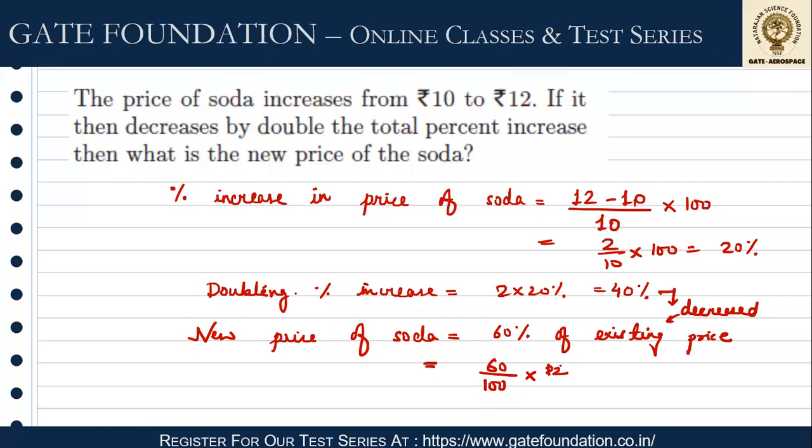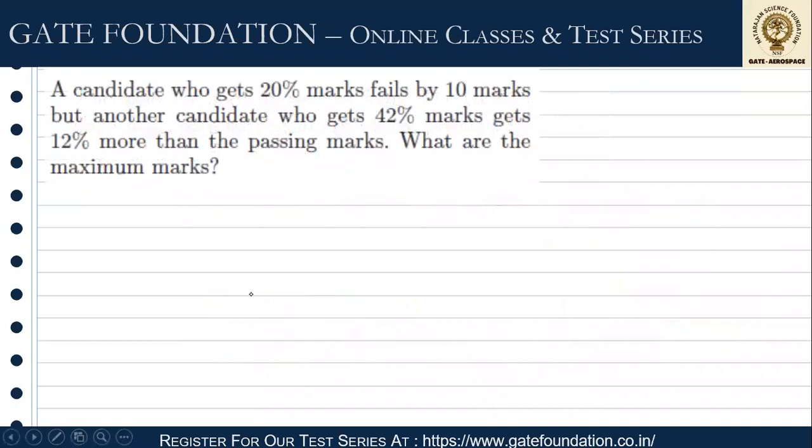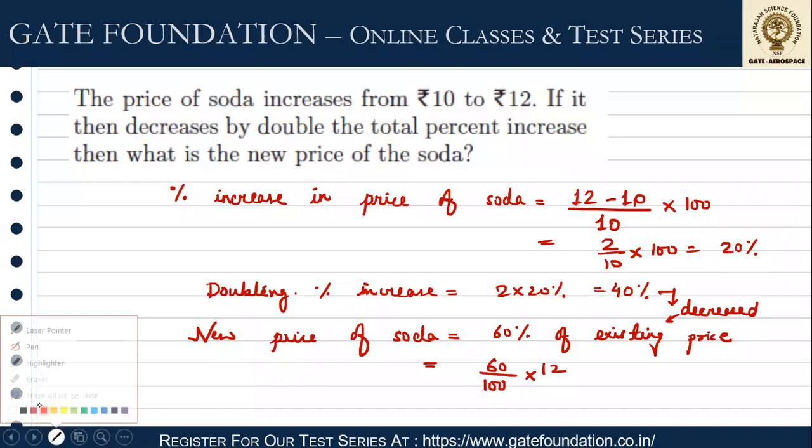12, because now the reference has been changed. The reference is 12 now. Now, if I want to find out the percentage, it will become 6 by 10, or 3 by 5, into 12.